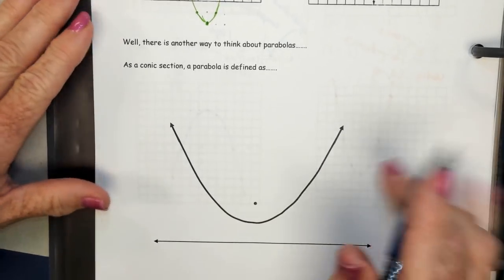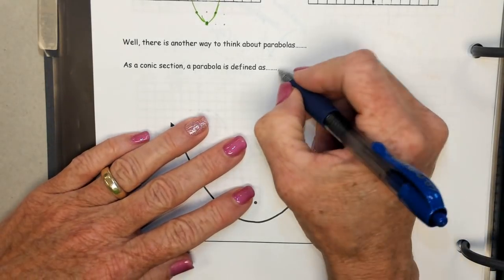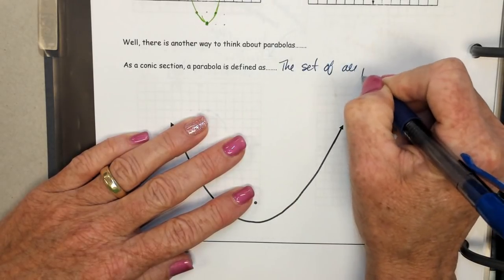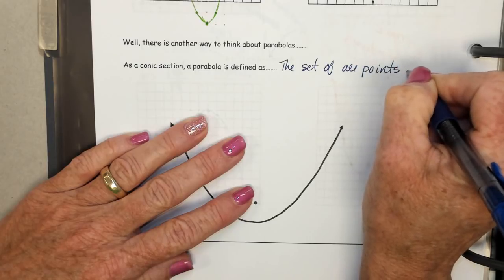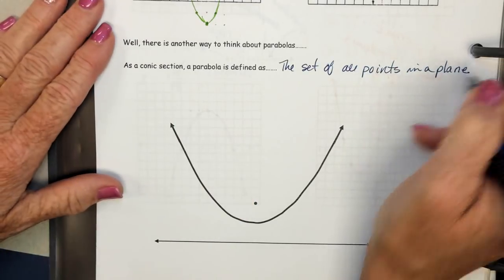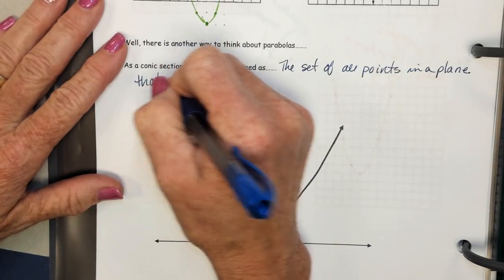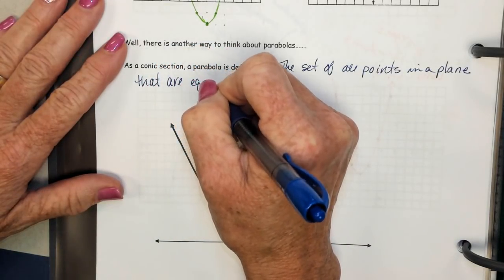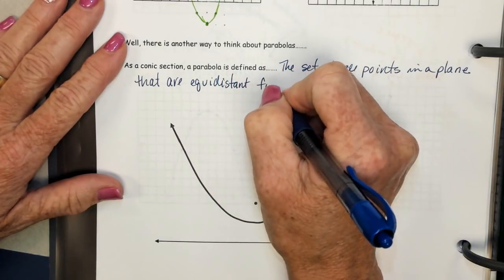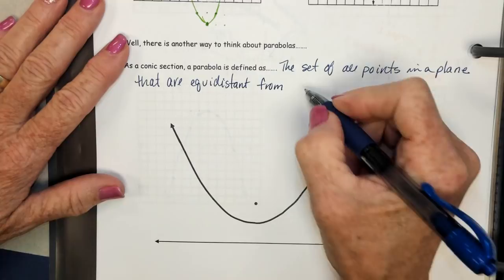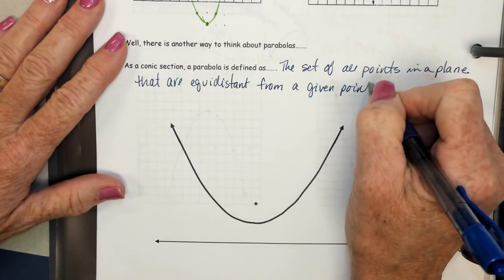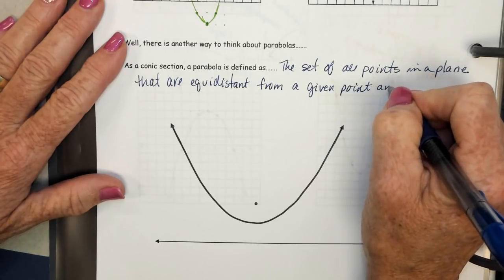As a conic section, a parabola is defined as the set of all points in a plane, so on a flat surface, in a plane that are equidistant from a given point and a given line.